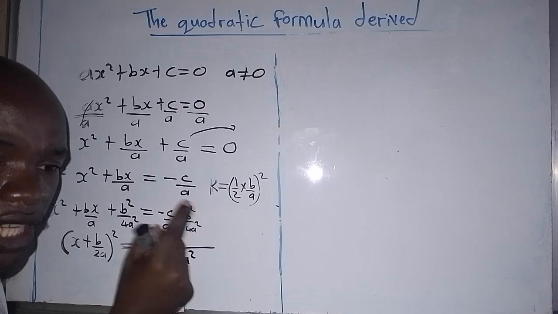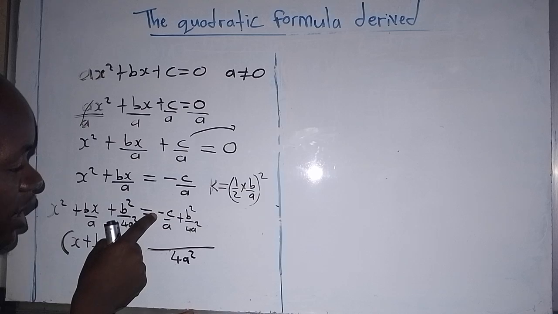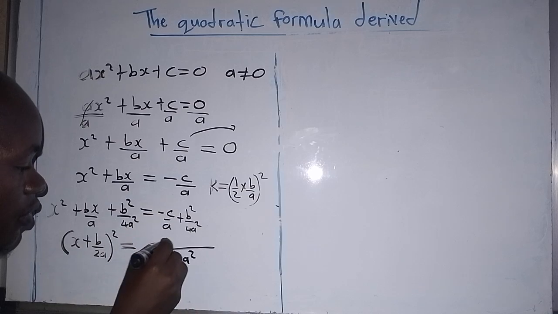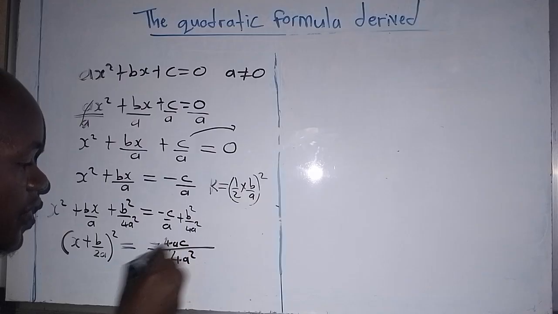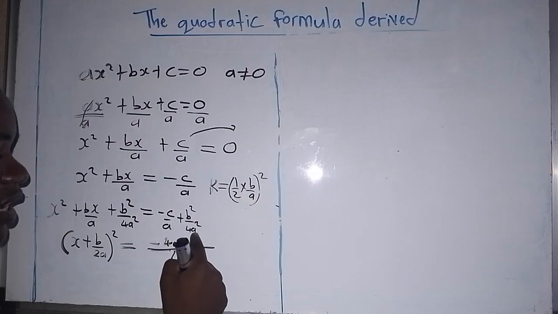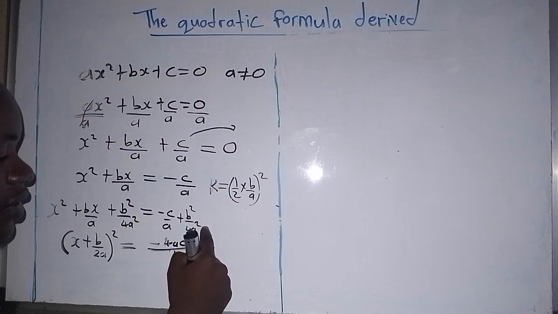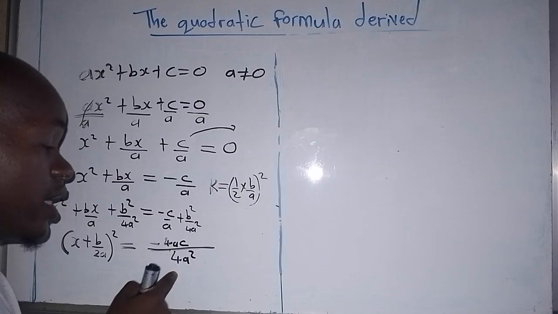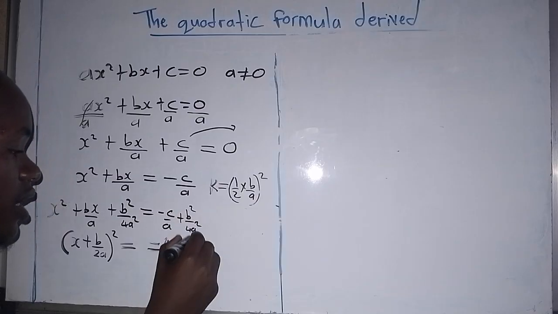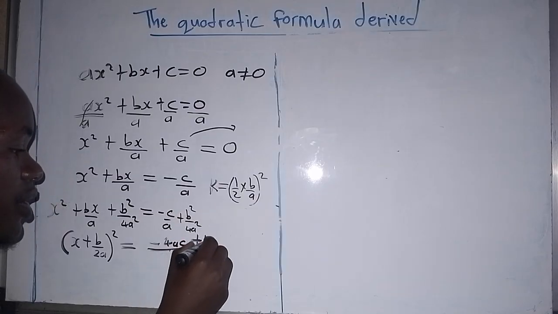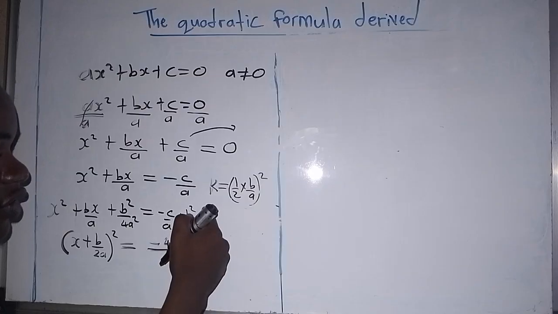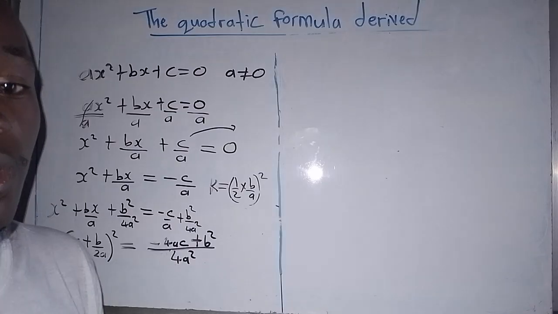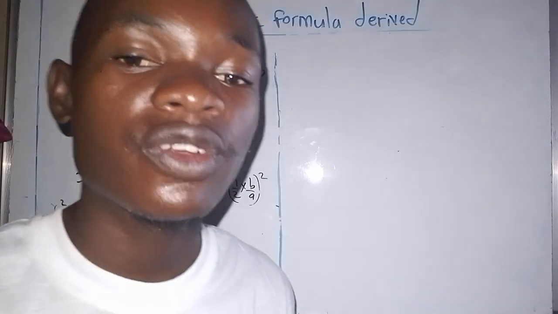That 4a that you have found, you multiply with negative c, so you get negative 4ac. You see that? Then again, 4a squared into 4a squared is 1, then 1 times positive b squared, you get positive b squared. So I hope you are following.